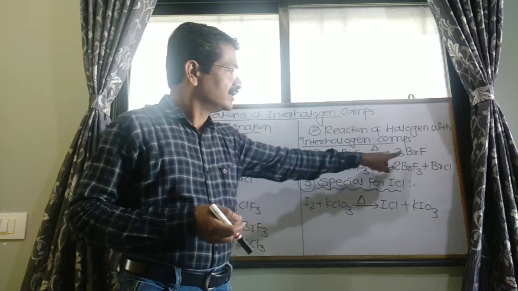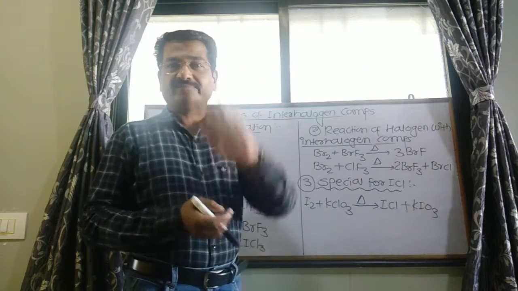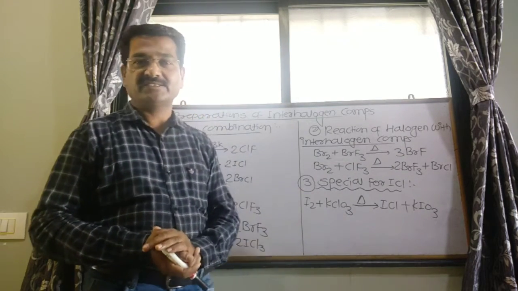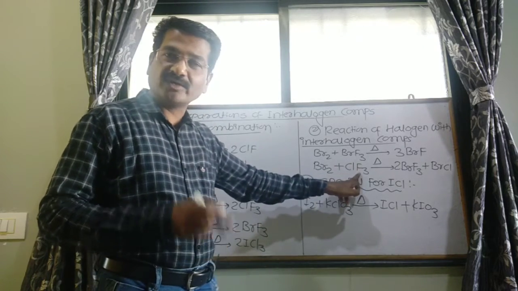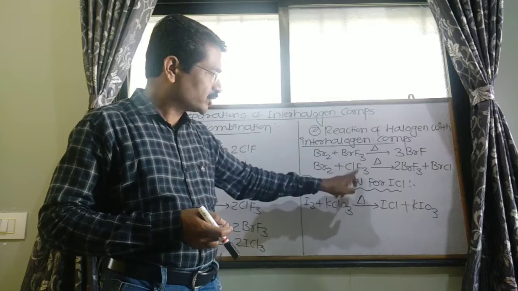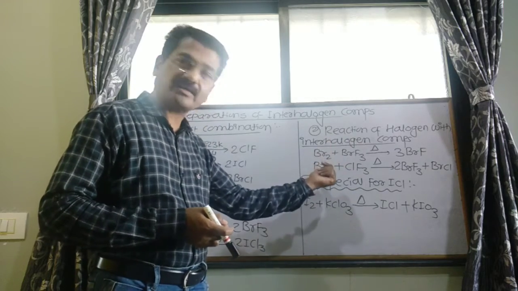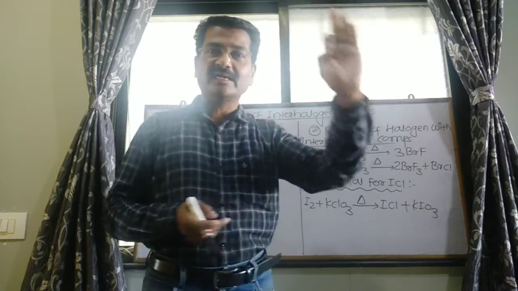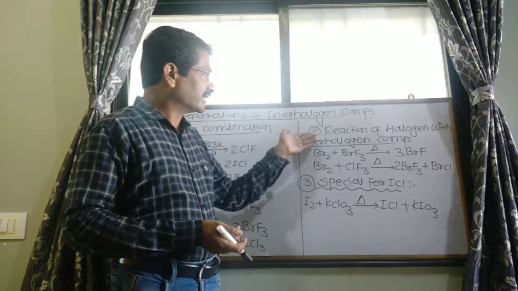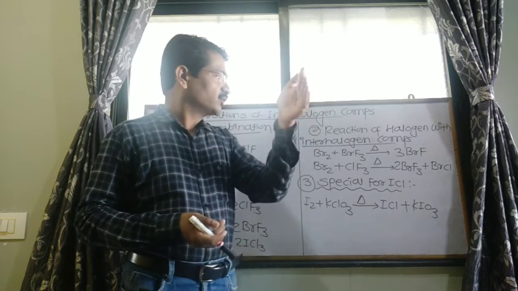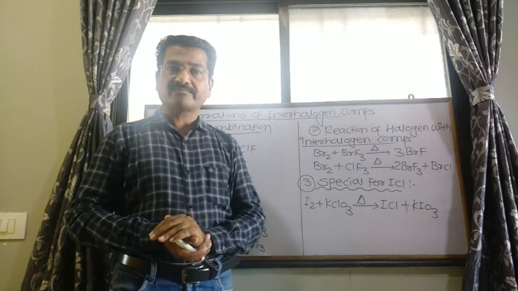Then we get 3BrF, that is bromine fluoride. Second example, bromine can react with chlorine fluoride. This interhalogen compound reacts with the halogen, then we get the interhalogen compound bromine fluoride. That method is called reaction of halogen with interhalogen compounds.